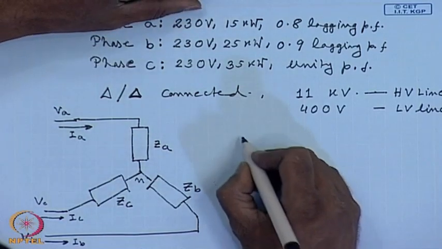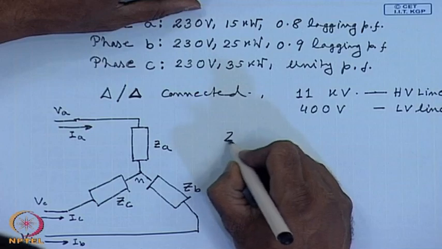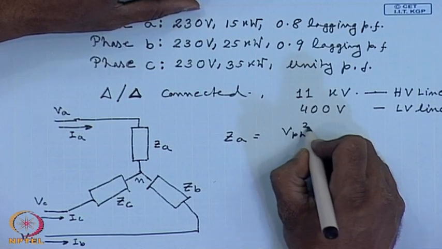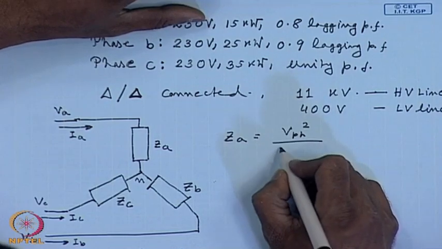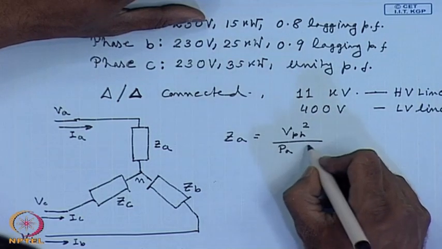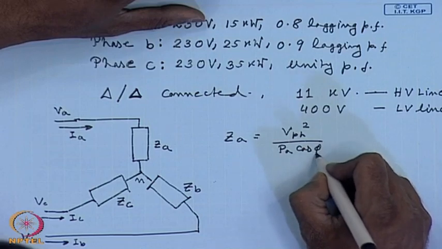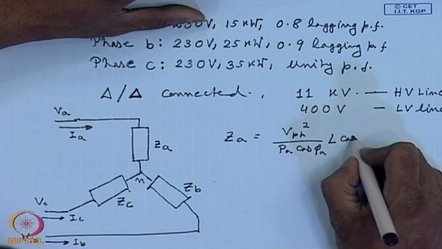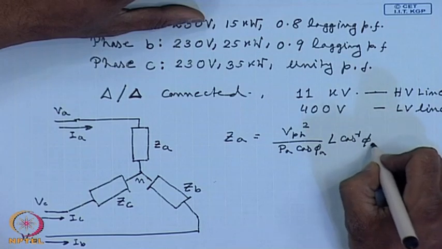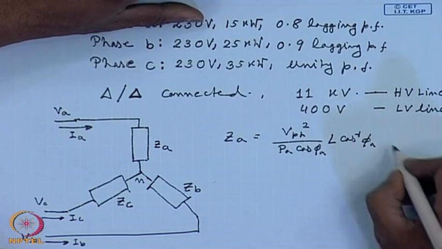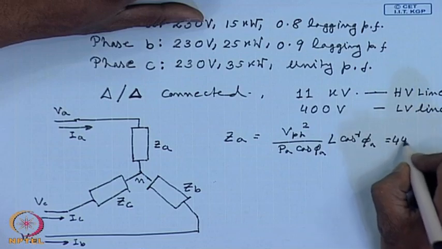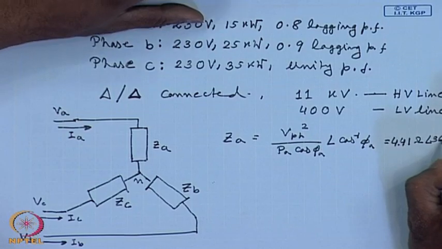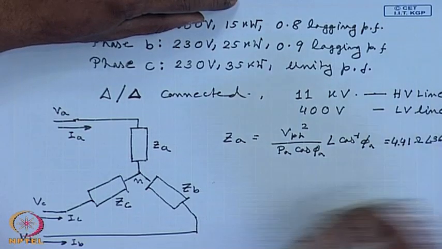Now, from the given data, what is Z A? Z A equal to V phase square divided by P A, cos phi A, angle of cos inverse phi A, and this comes to 4.41 ohm angle 36.87 degrees.